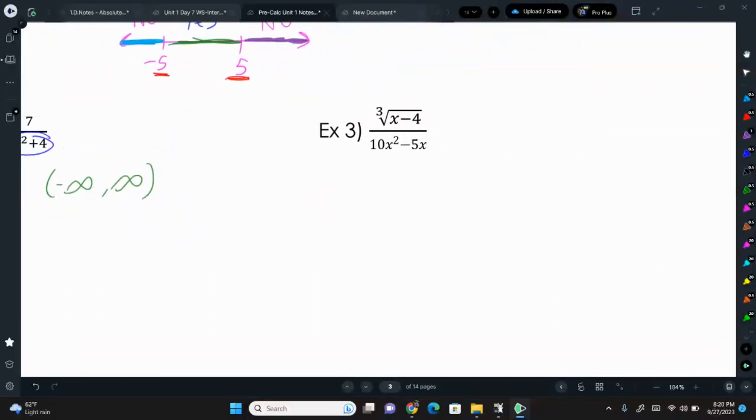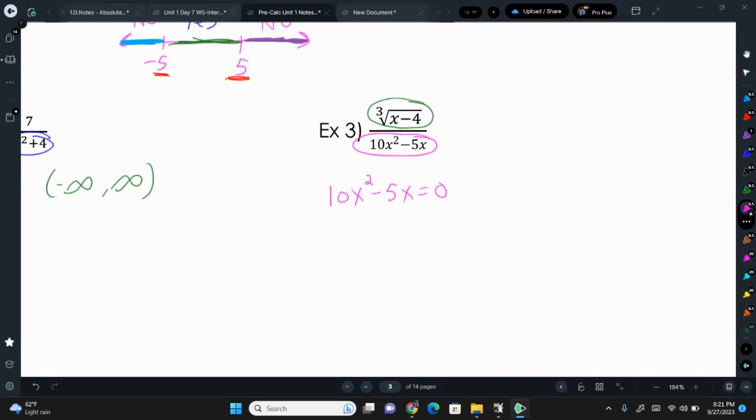Example 3. Okay. In example 3, we have an odd root in the denominator, so anything goes in an odd root, so we don't have to worry about that. But the denominator here, we have to check and see, can this equal 0? You set it equal to 0.